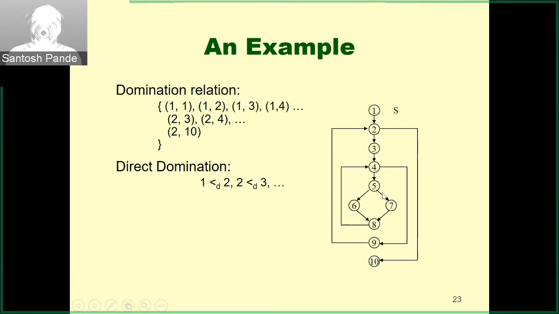I don't know which path, that we'll worry about later. But I will come via some path from 4 to 8 because it dominates me. There is a path from 4 to 8 that is bringing the control from 4 to 8 in the forward direction. And then in the backward direction, I have this edge which is looping backwards.